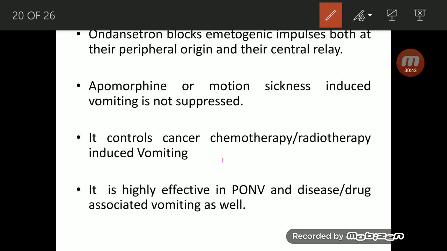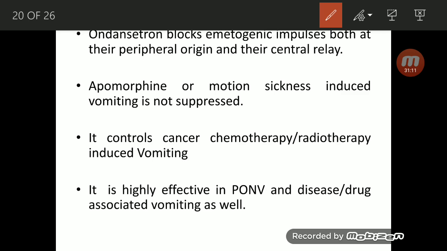Apomorphine-induced or motion sickness-induced vomiting is not suppressed, so it is of no use in motion sickness or apomorphine-induced vomiting. So the main choice for chemotherapy or radiation therapy-induced vomiting is this one.